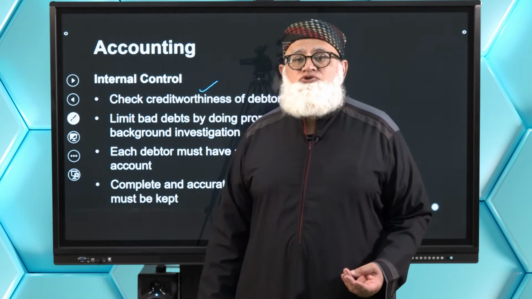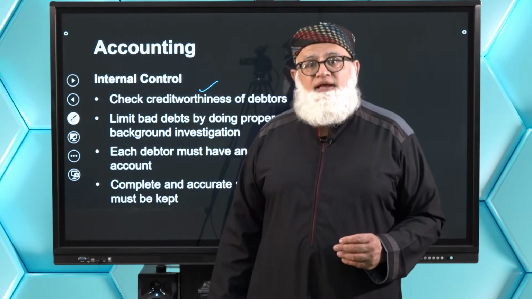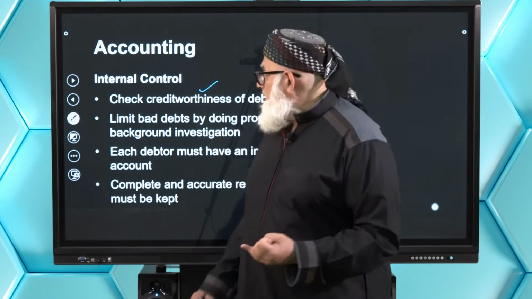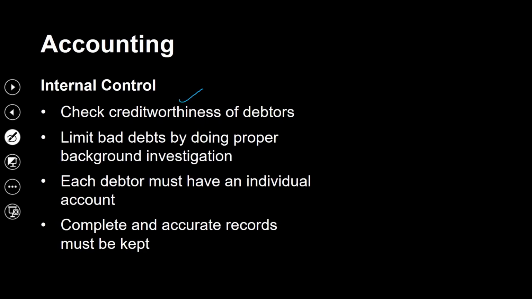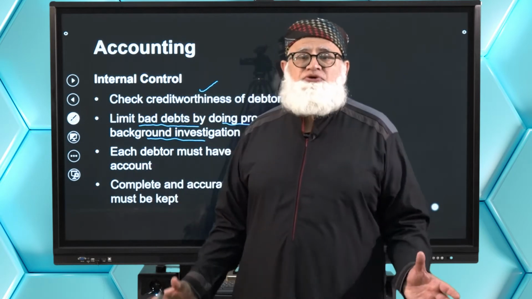Transactions that they've entered into on credit with other suppliers. In that way, we check the creditworthiness. The reason we are doing this is to limit bad debts by doing proper investigation. In other words, you don't just willy-nilly sell to anybody on credit.